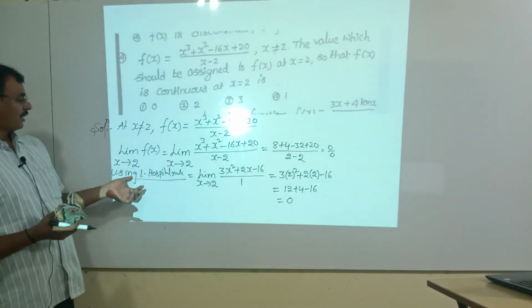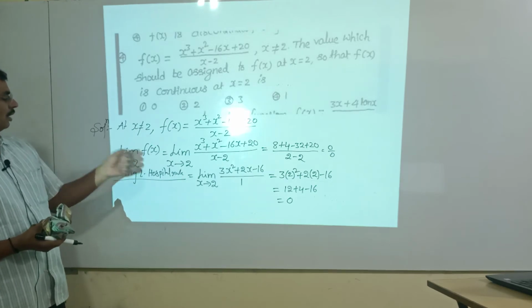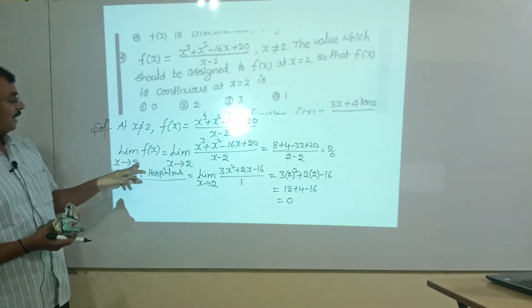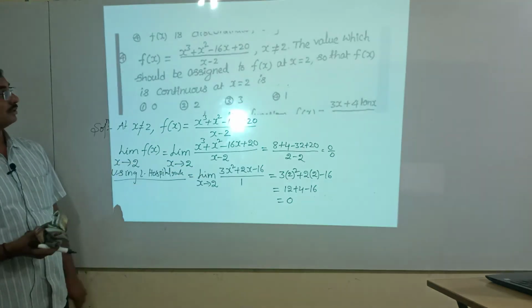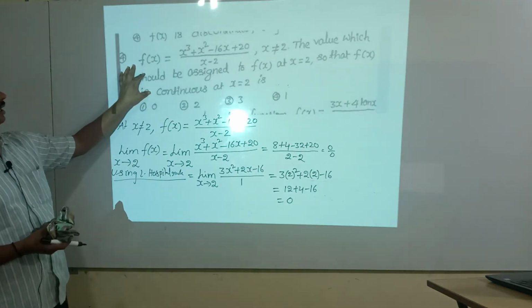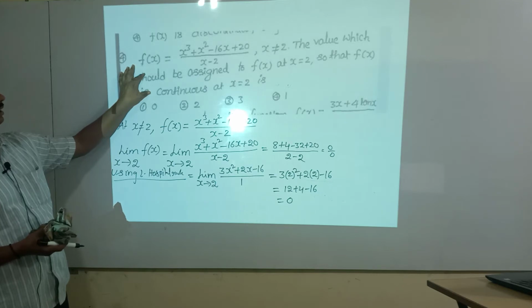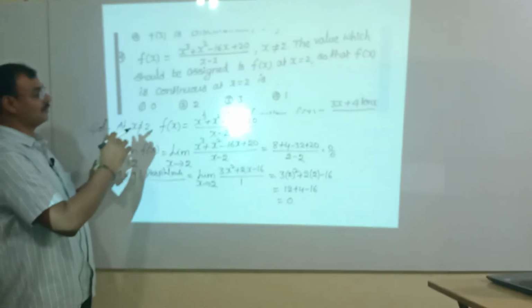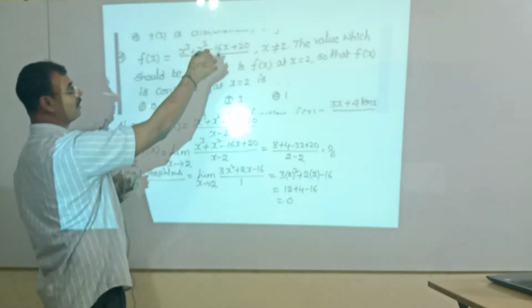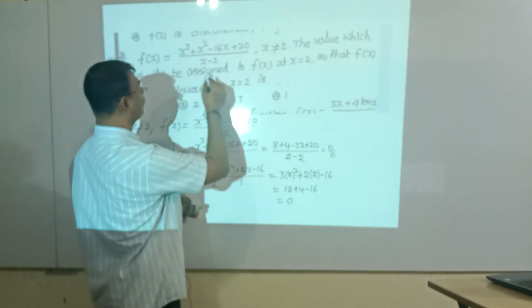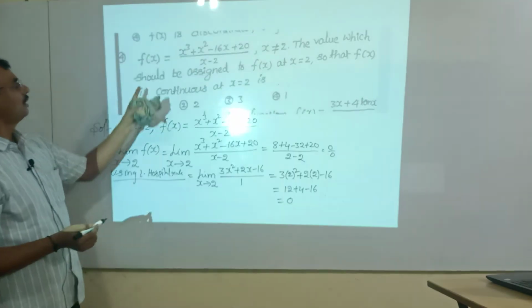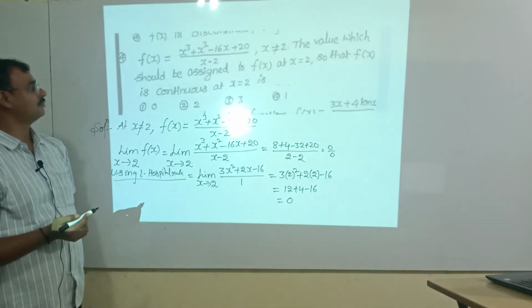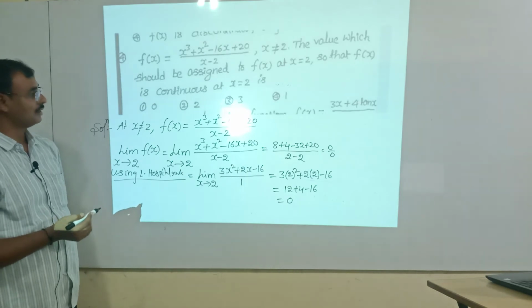So we got the limit of f of x as x approaches 2 equal to 0. But actually, at x equal to 2, what is f of x?